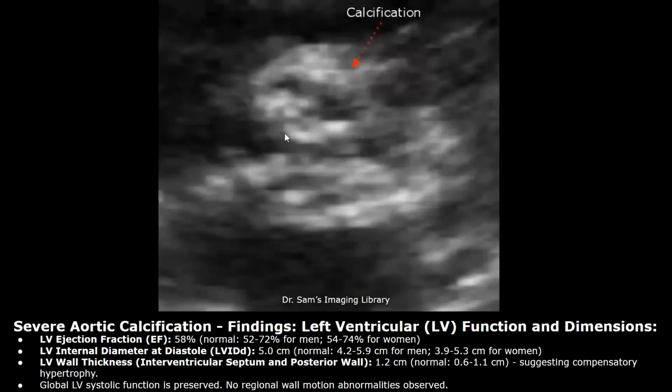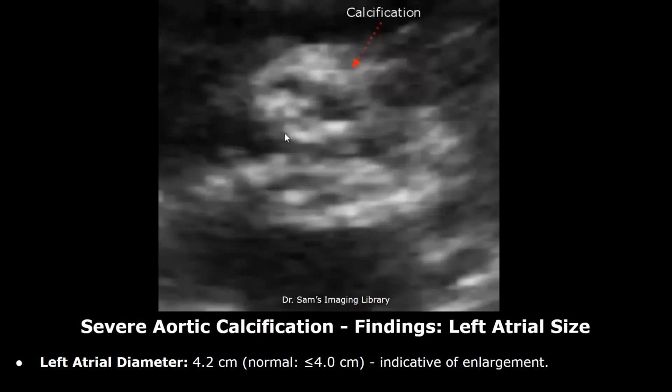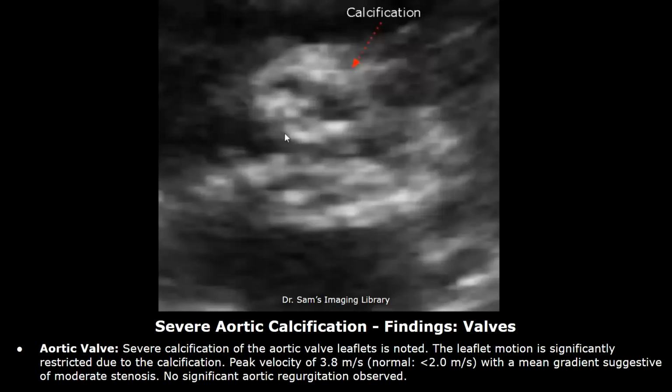Global LV systolic function is preserved. No regional wall motion abnormality is observed. The left atrial diameter is 4.2 centimeters, indicative of enlargement. In the aortic valve, severe calcification of the aortic valve leaflets is noted.